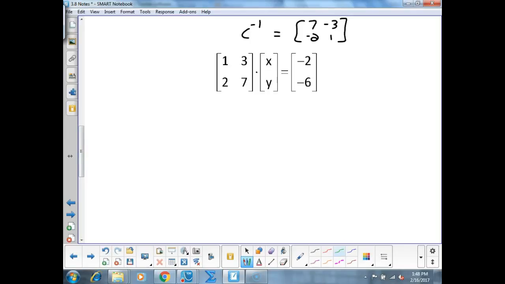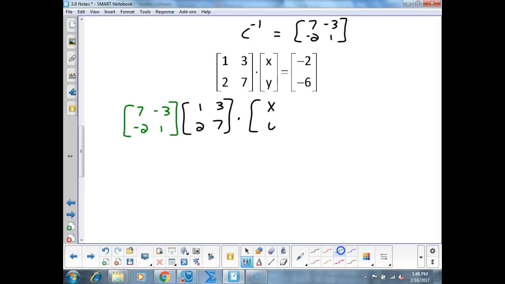So, if I multiply on the left side by the inverse, it would look like this. Right?